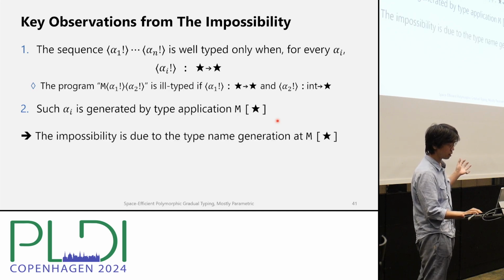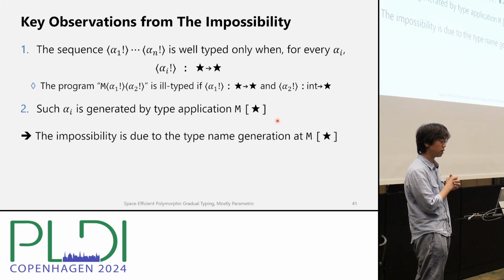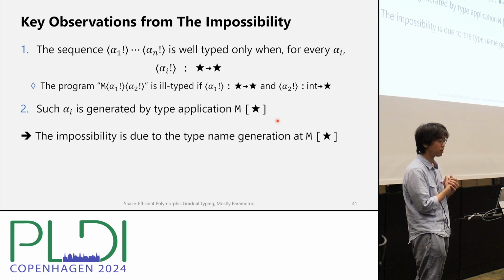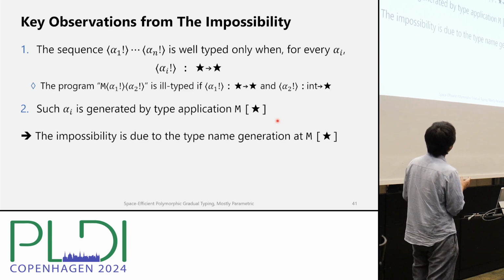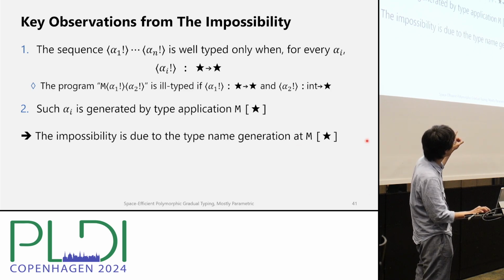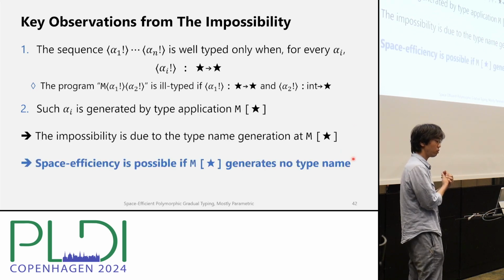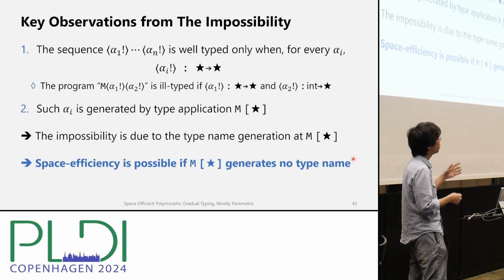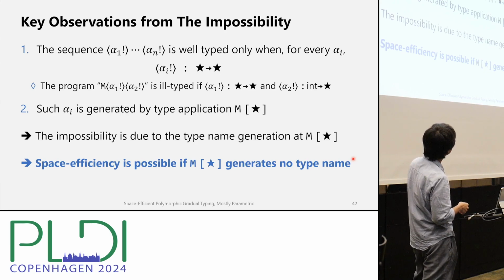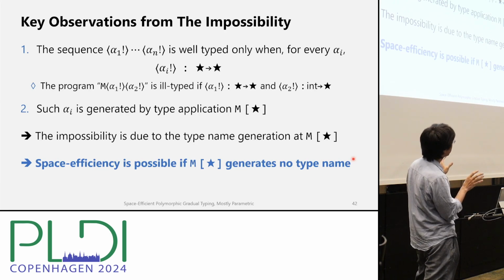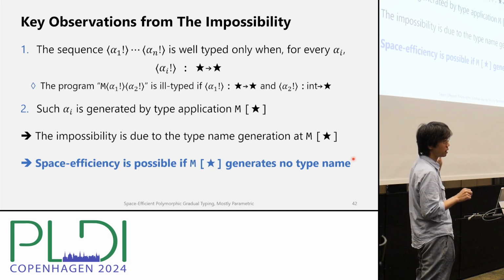So we can say that the impossibility is due to the type name generation at type application. Conversely, we can show that space efficiency is possible if the type application with star as a type argument generates no type name. These are our observations.